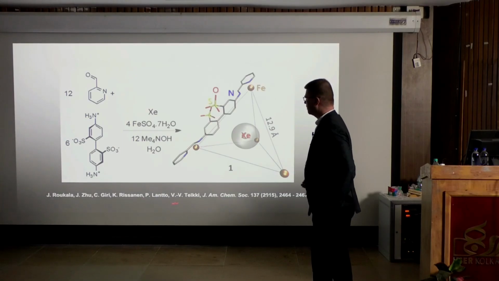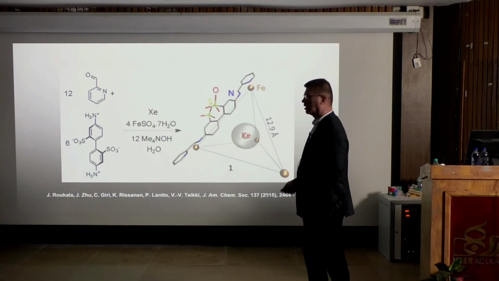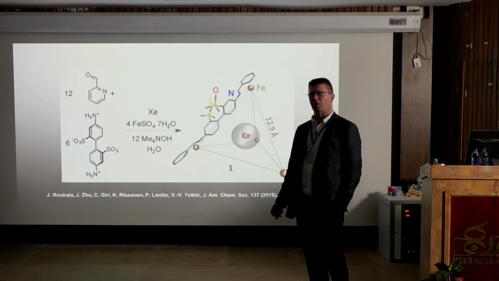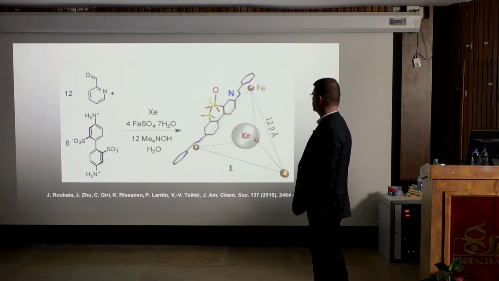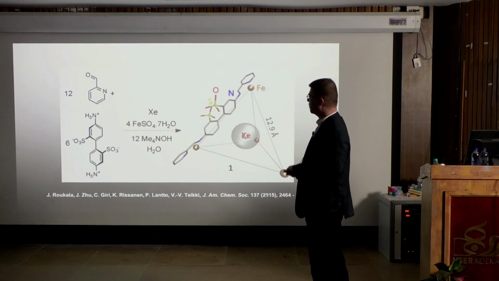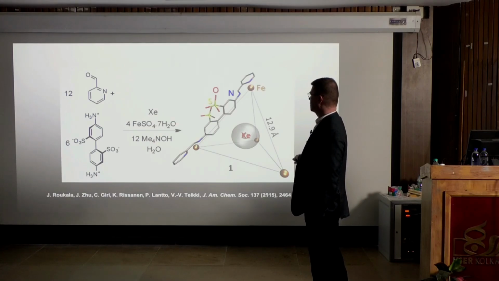We worked with the physics group in Finland, who are very famous for hyperpolarized xenon. And what we did was trap xenon inside the cage. Again, the same: these are the components, very simple, iron, and then xenon gas was there, and this happened.